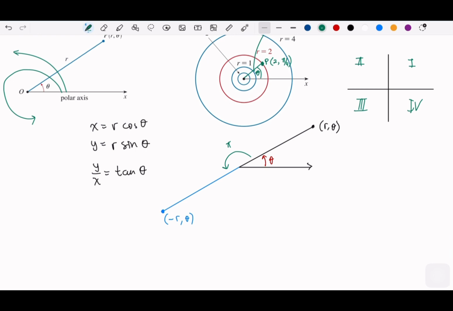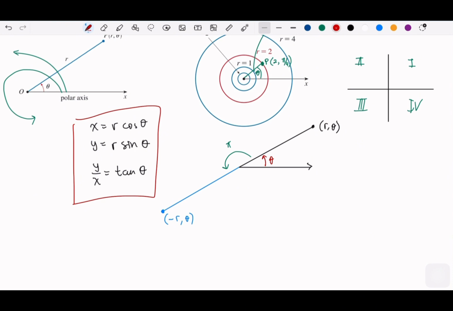It's related to how we deal with x and y. Here in the first quadrant all are positive because x and y are positive. Here y is positive, x is negative. Here both are negative, that's why the tangent will be positive here. Here x is positive, y is negative. So there will be some combination of that.